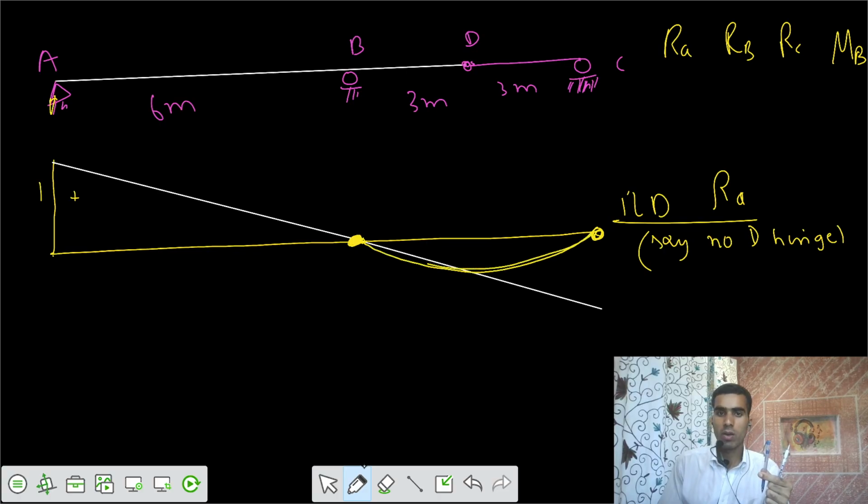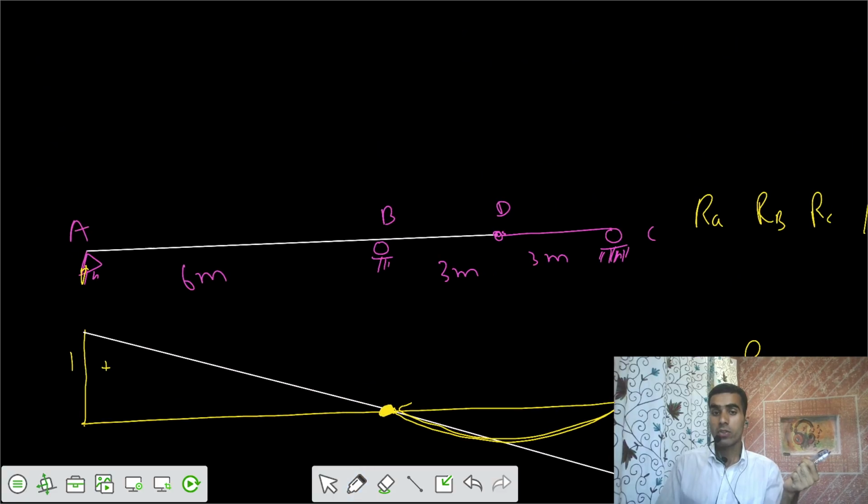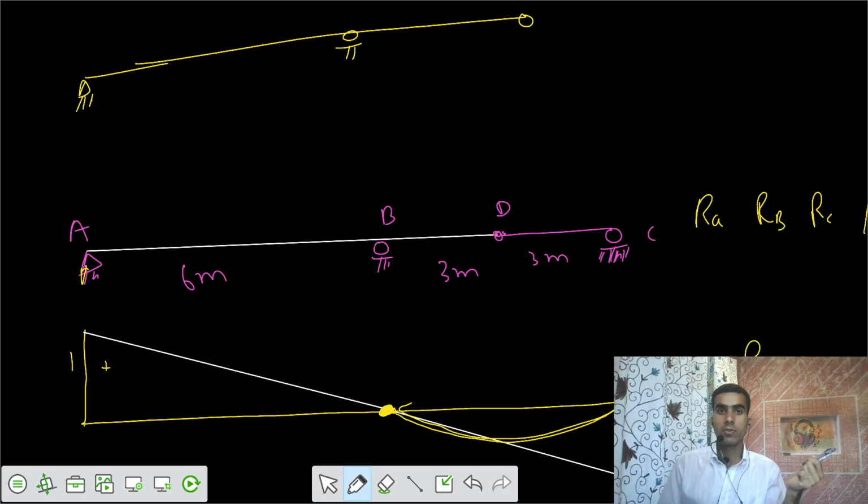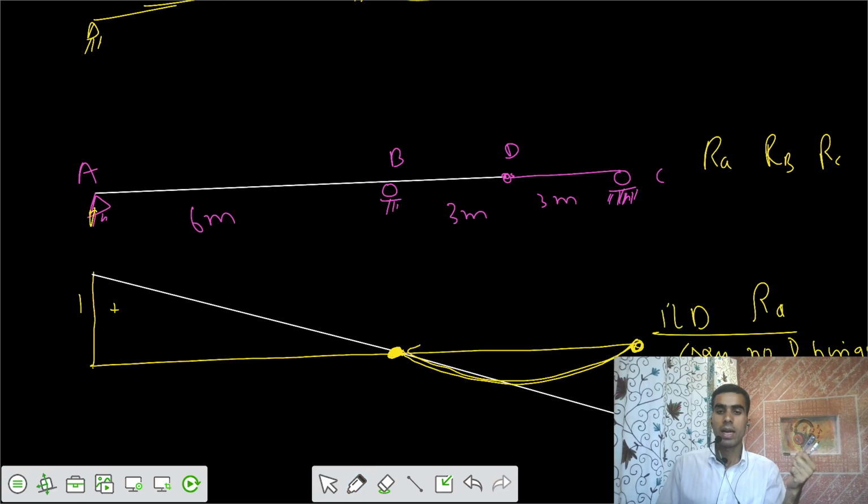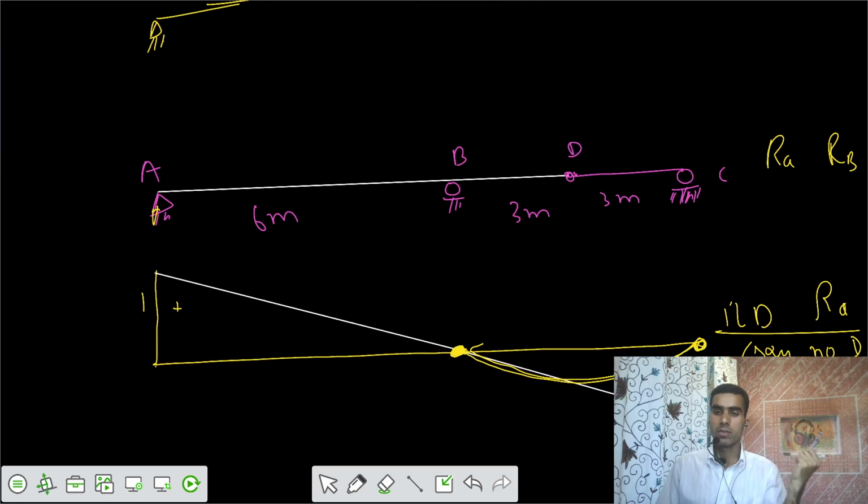The curvature would have been developed, and that's true for the statically indeterminate structure, and that was true if there was no hinge here. It would have been a statically indeterminate structure. You can see that. This was your statically indeterminate structure, and the profile would have been in this fashion, maybe. So accordingly we got that deflection profile would have been in this way. Accordingly we should say that the ILD for reaction A would have been in this way.